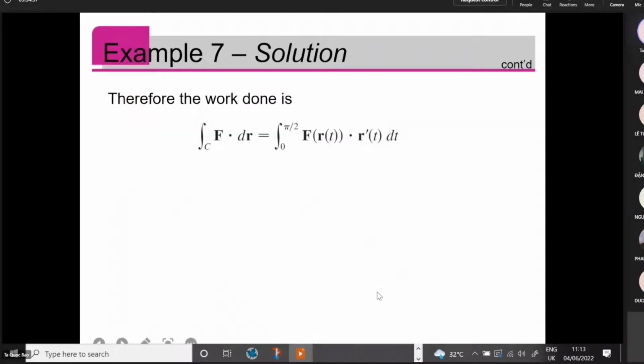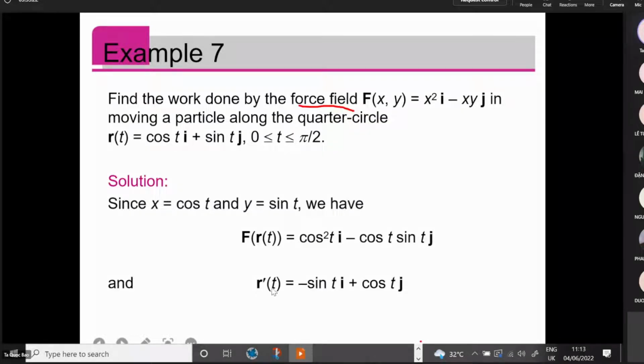So the work of the particle along C is F dot dr, because these are two vectors. So this is equal to the dot product of this vector and the derivative vector r'(t). Because you know F(r(t)) and you know r'(t), you take the dot product.